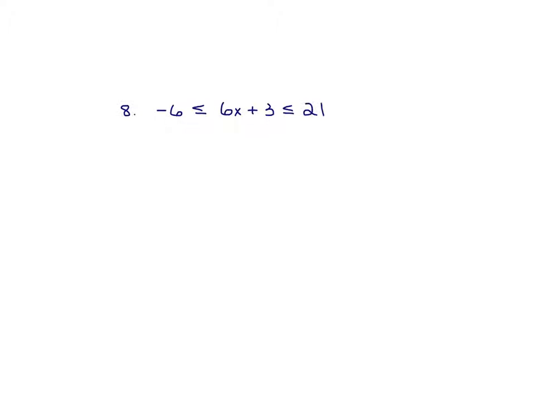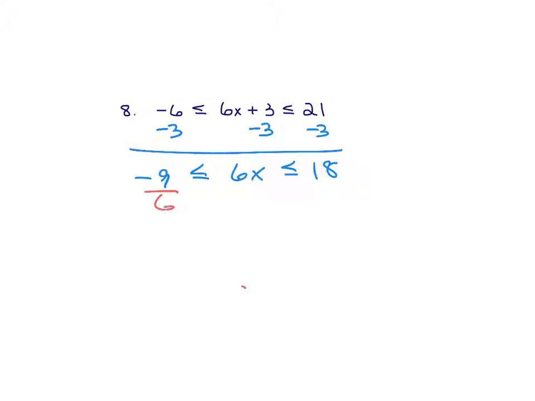Another compound, again do everything to the left, right, and middle. My goal is to get x by itself, so I'm subtracting 3 from all 3 parts of my problem. I get negative 9 less than or equal to 6x less than or equal to 18. I now need to still get x by itself, so I divide all 3 parts by 6.